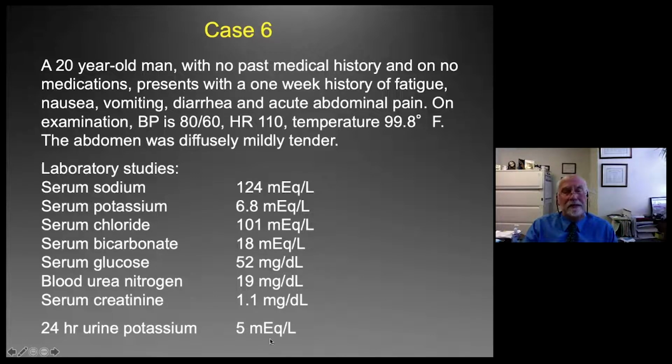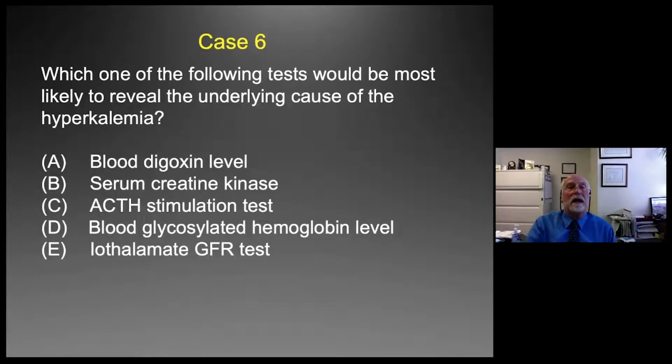Obviously, when you see a patient like this, you wouldn't have a 24-hour urine collection, but for the purposes of instruction, this is a gentleman with a high potassium and a very low 24-hour urinary potassium, which should be up in the 40 milliequivalent or greater range. So with that in mind, which of the following tests would be most likely to reveal the underlying cause of the hyperkalemia? And by the way, it'll also explain the hyponatremia.